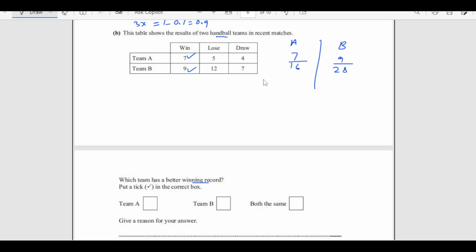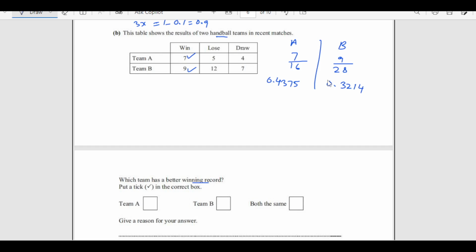So now we will see, I can write this in decimal. So 7 divided by 16 is 0.4375, and the other one, 9 divided by 28, is 0.3214.